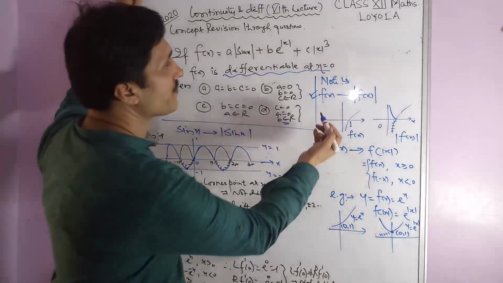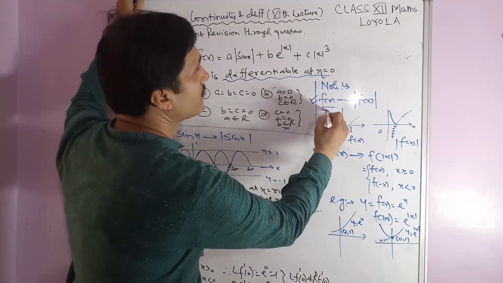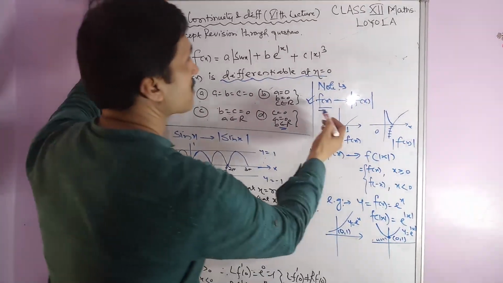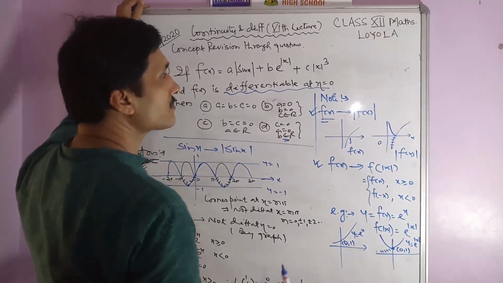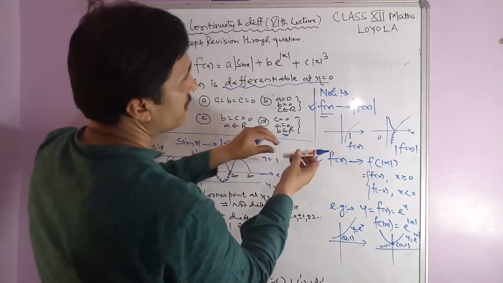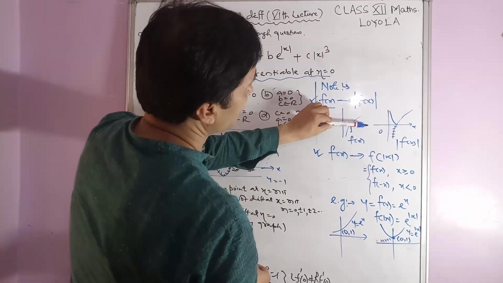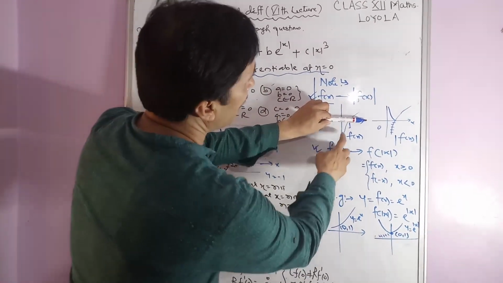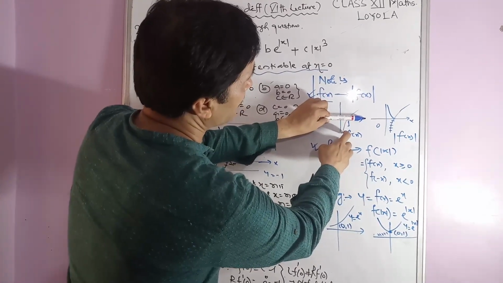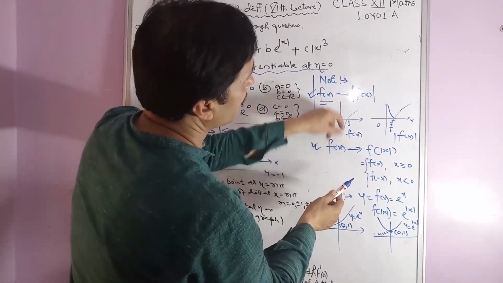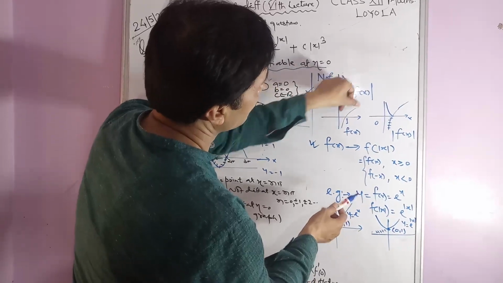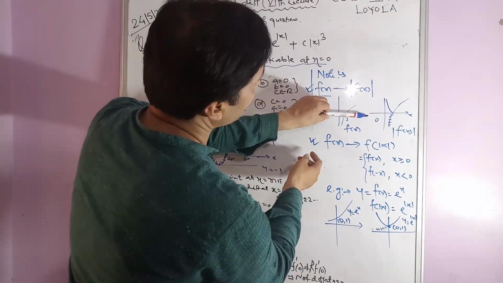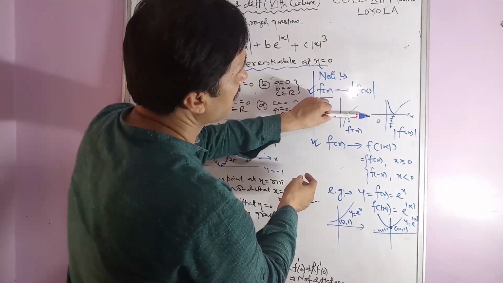Here first, transformation of graph, we already know about this, f(x) to modulus of f(x). We retain the portion of the curve above x-axis as usual. Remove the portion of the curve below x-axis. Here we take a graph of a function like this. Portion of the curve above x-axis we keep as usual.